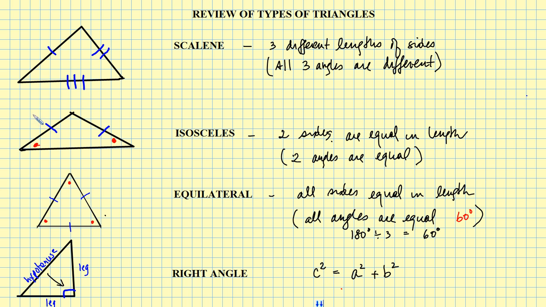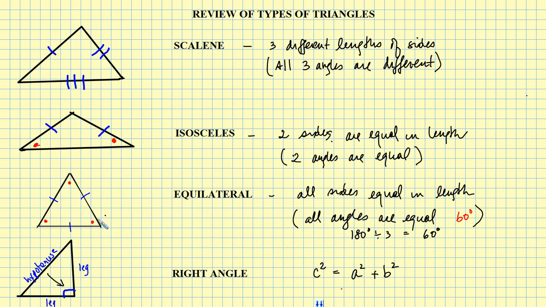So I've shown that with the 2 sides here in blue, and then the 2 red dots showing that those are the angles that are equal to each other. And then we have the equilateral triangle. The equilateral triangle has all sides that are equal in length, and that means that all angles are also equal. They are going to be 60, 60, and 60, since the total measure of the angles is 180.